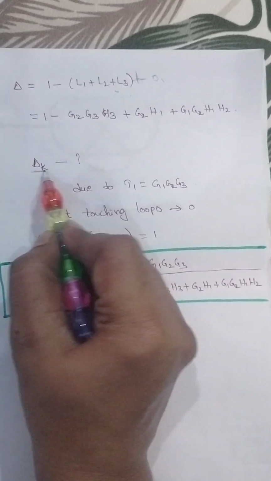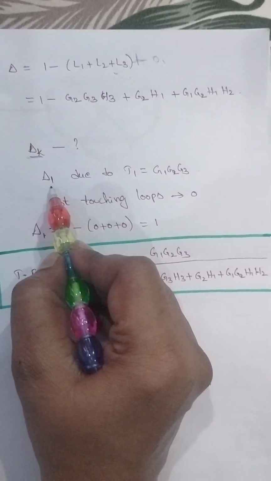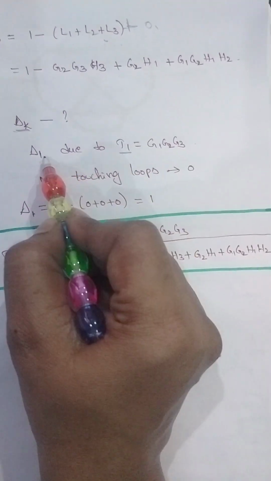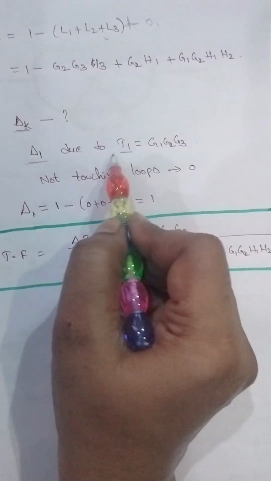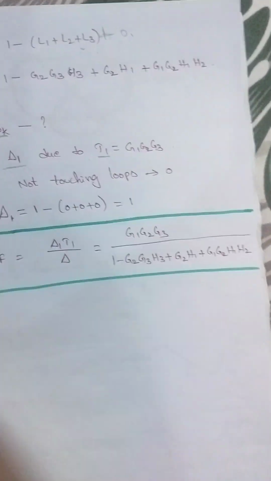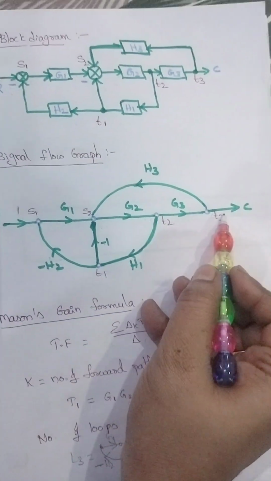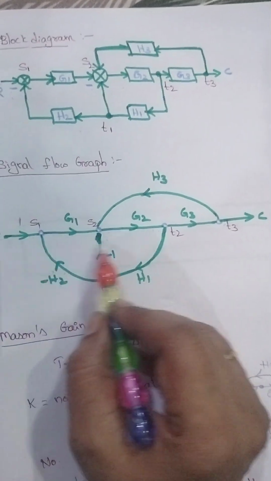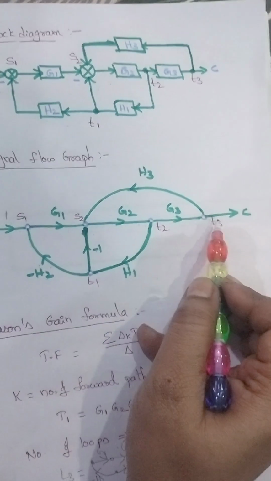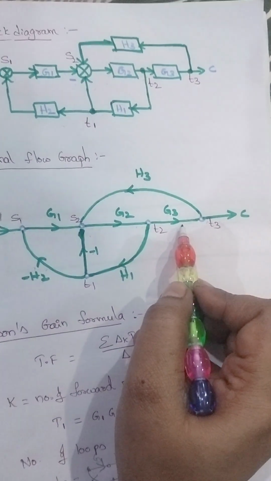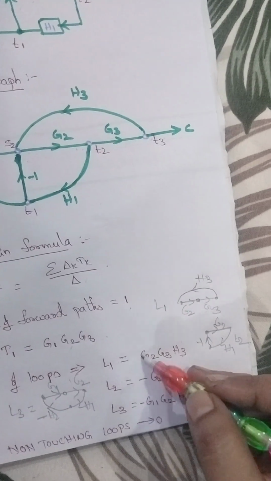Now we have to find out delta k. Delta k means here only one T1, that's why we have only delta 1, delta 1 due to T1. So we have to observe whether there are any loops not touching this forward path, that is among L1, L2, L3.